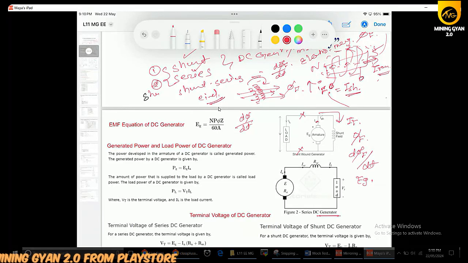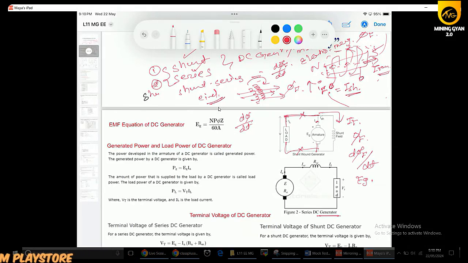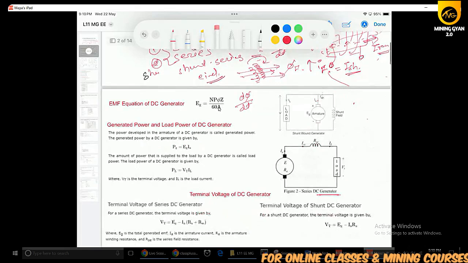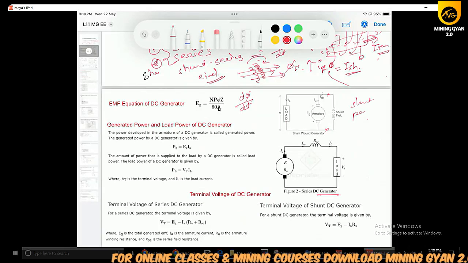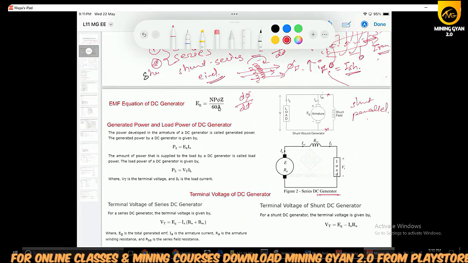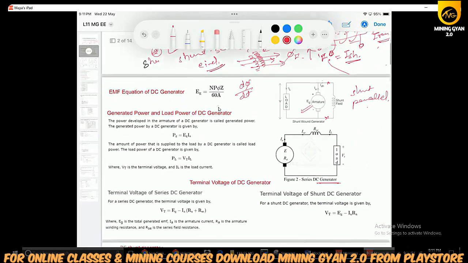When we close this circuit, then IL will flow, such that IA total equals IL plus ISH. This is called a shunt generator because the field winding is connected in shunt. Shunt means parallel connection. The field winding is connected in parallel across the armature of the DC generator.